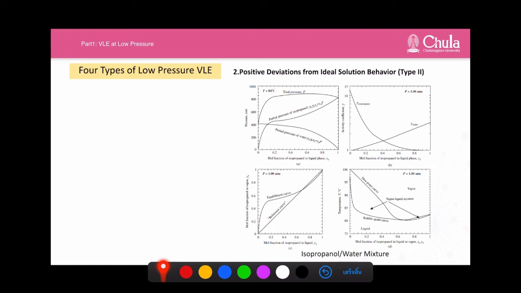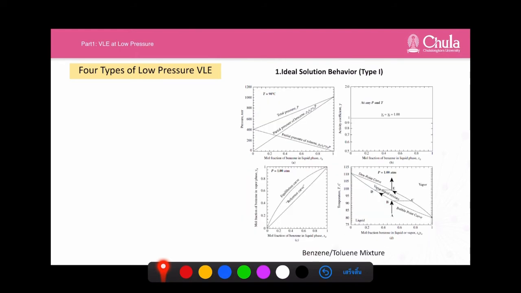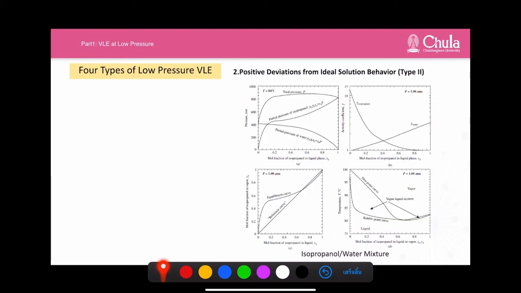Now we look at the bubble point curve and dew point curve. Previously you saw that the dew point and bubble point do not cross, but here the bubble point crosses the dew point at this point also. If we have the bubble point and dew point at the same temperature, it's a behavior of a pure component, right?